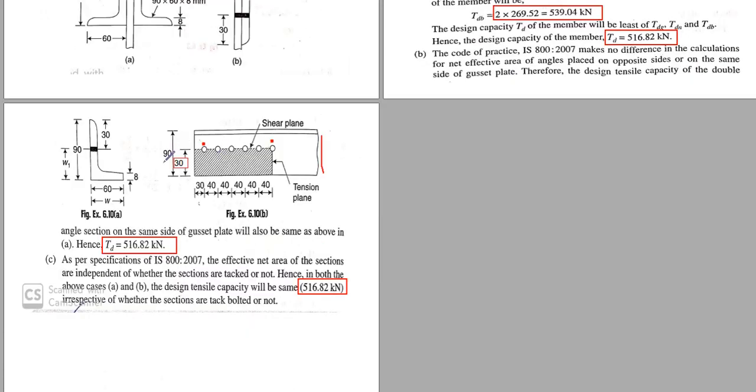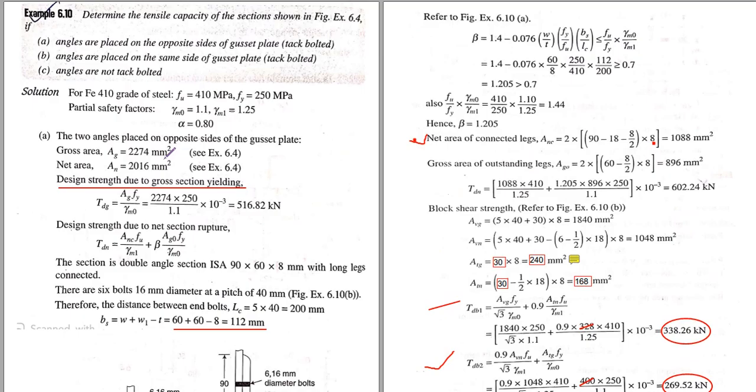For the third question, the angles are not tack bolted. As I have already told you, tack bolting is done to maintain the pitch, to resist the buckling effect, or to maintain the proper spacing between the gusset plate and the connected angle section.